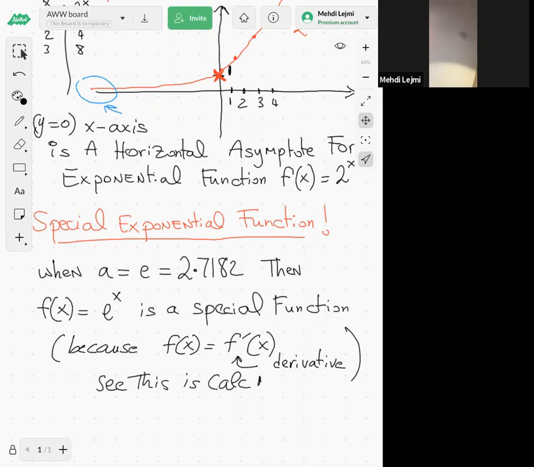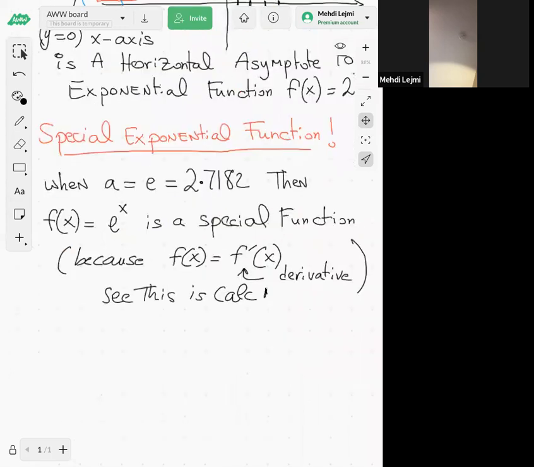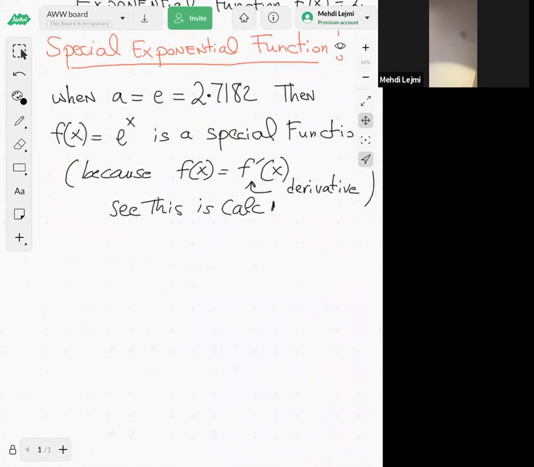Then I'm going to define the inverse of the exponential function. The inverse of the exponential function is called the logarithmic function. So this is the definition: logarithmic functions are defined as the inverse of the exponential functions.